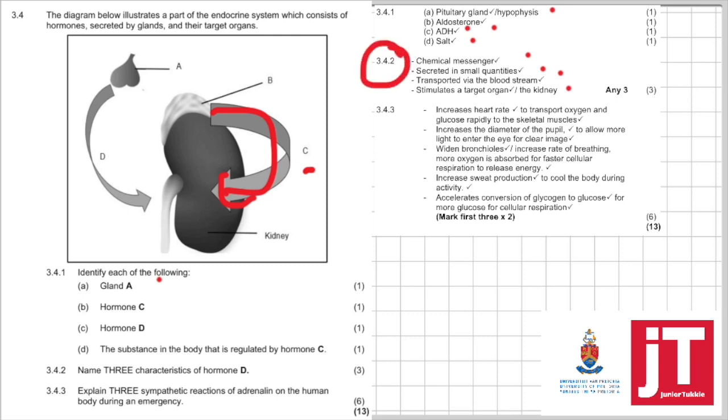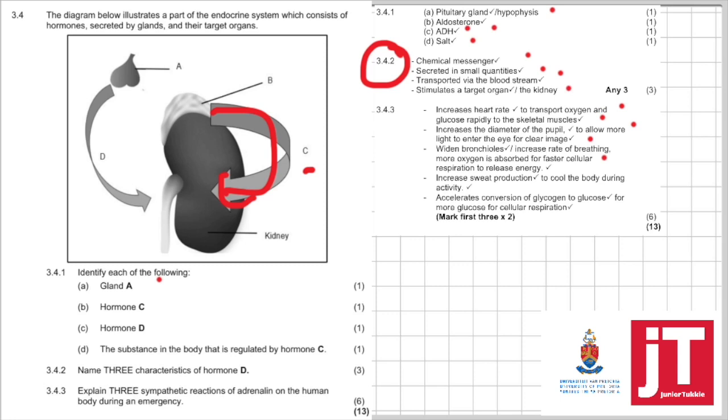3.4.3. Explain 3 sympathetic reactions of adrenaline on the human body during an emergency. So what will sympathetic usually increase? The heart rate will be increased to transport oxygen and glucose to the skeletal muscles. Say it said explain. The diameter of the pupil will be increased to allow more light to enter, so a clear image forms. The bronchioles will dilate, so more oxygen is absorbed for faster cell respiration to release more energy.